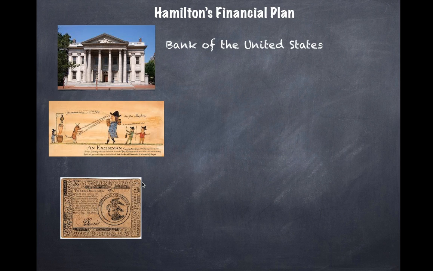Under Hamilton's plan, the United States government would receive money from tariffs, would receive money from excise taxes. That money would go into the Bank of the United States. The Bank of the United States would then have money to pay the national debt. They would also have money that they could loan to businesses so they could develop bigger, stronger, more profitable businesses.